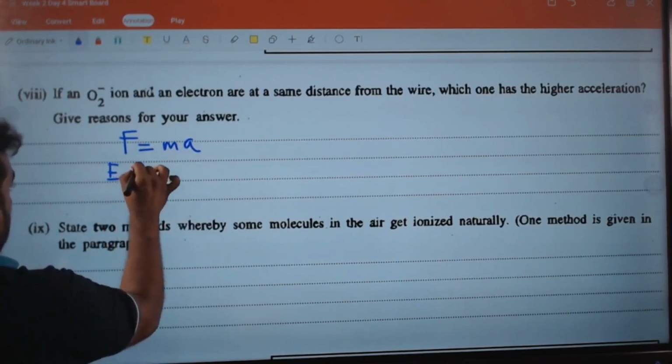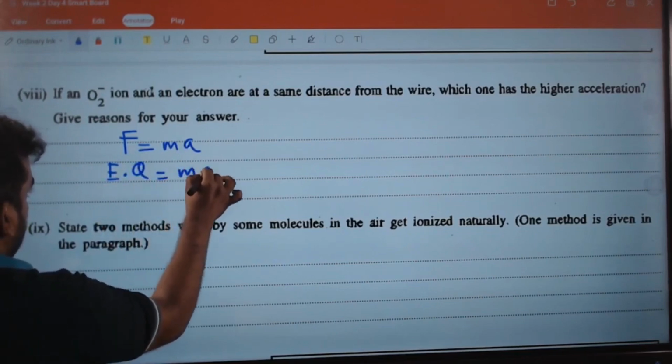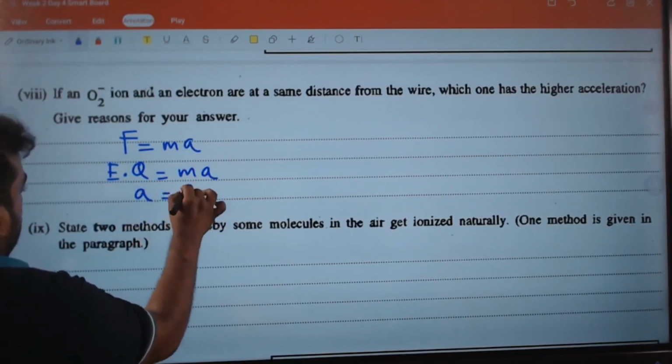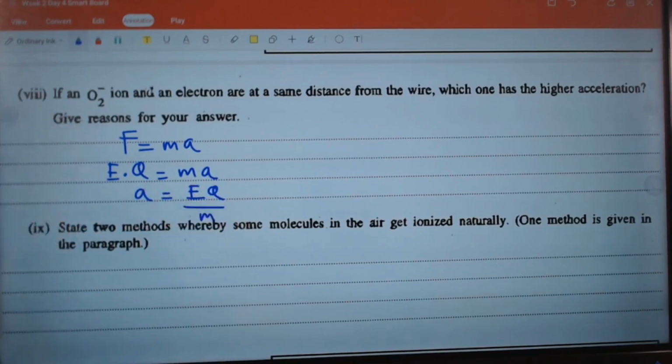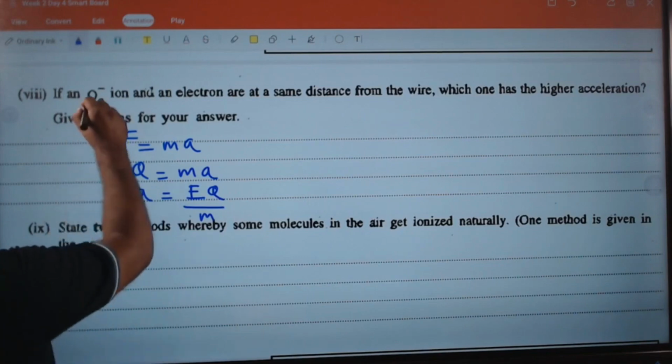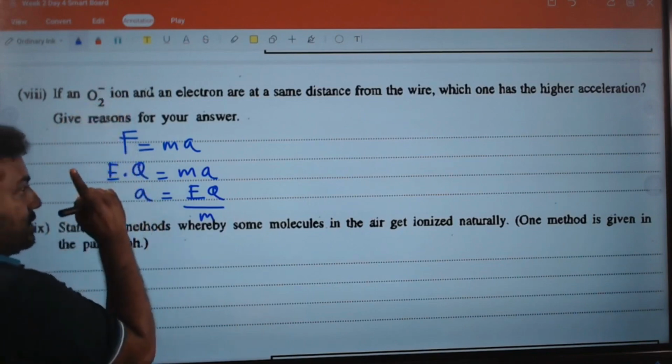Electric field times charge equals mass times acceleration. Acceleration is Eq divided by m. Now, if you take O2 minus, the minus 1 means the charge of an electron.